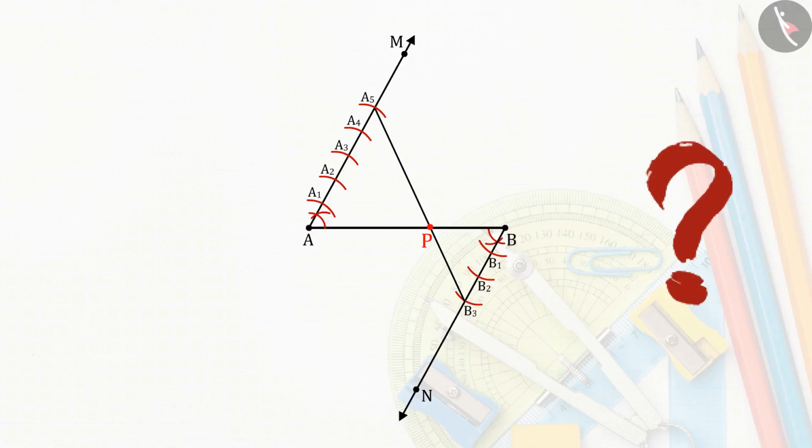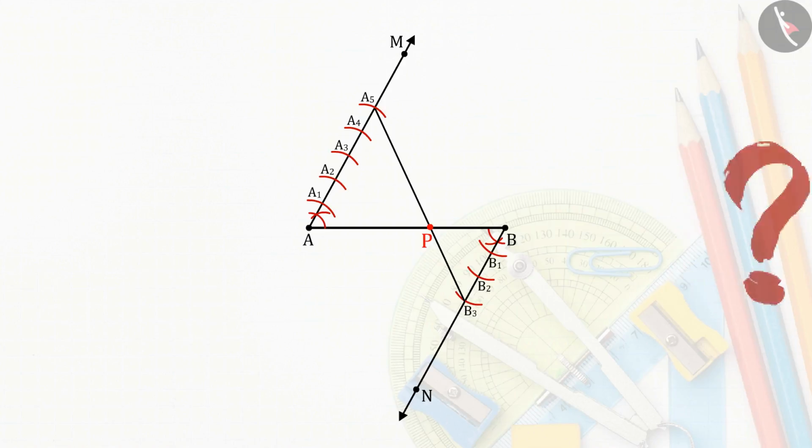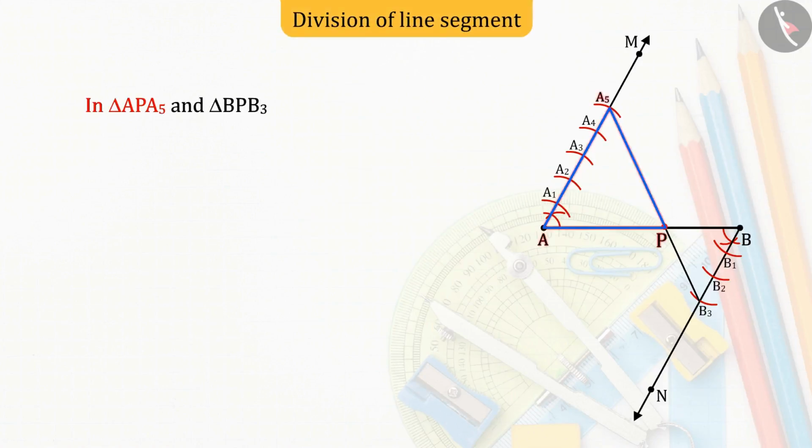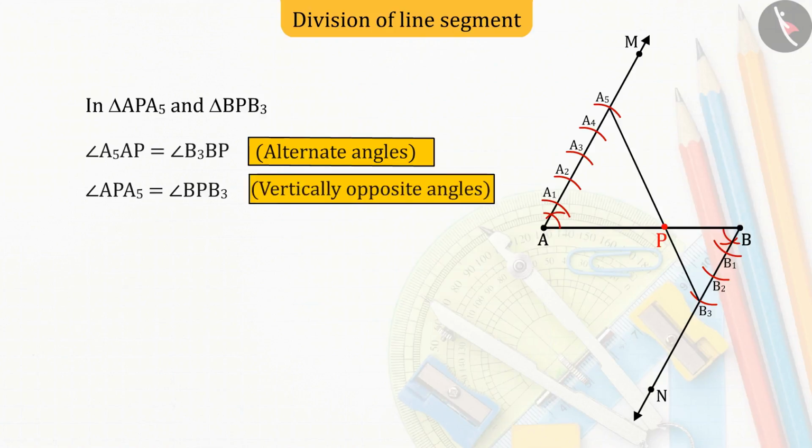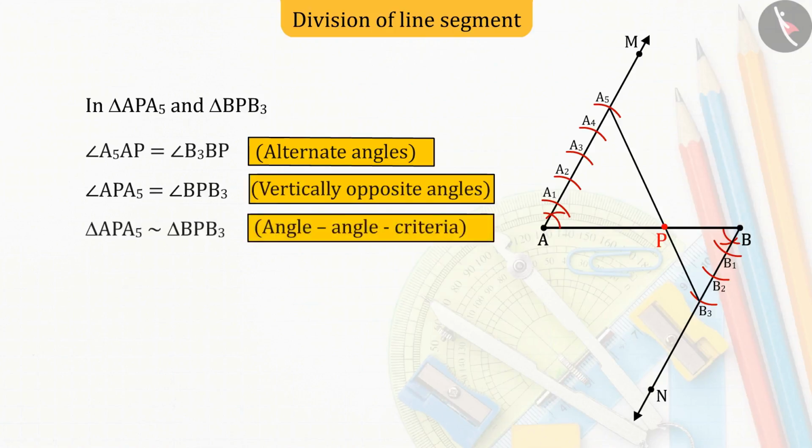Can you check the validity of this method? In triangle APA5 and triangle BPB3, angles A5AP and B3BP are equal, and angles APA5 and BPB3 are equal. So from AA criteria, triangle APA5 and triangle BPB3 will be similar.